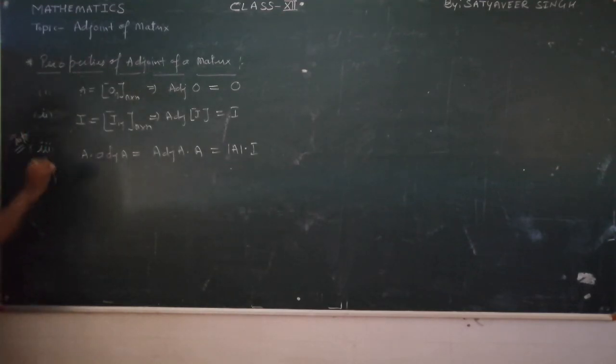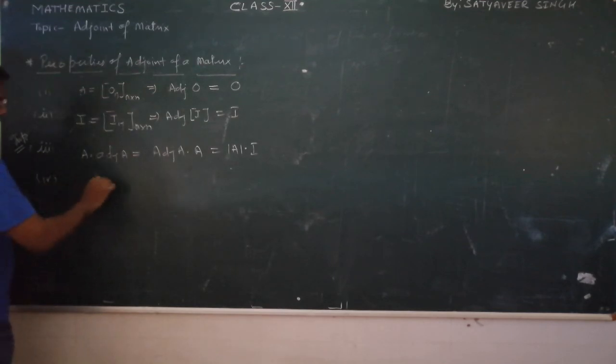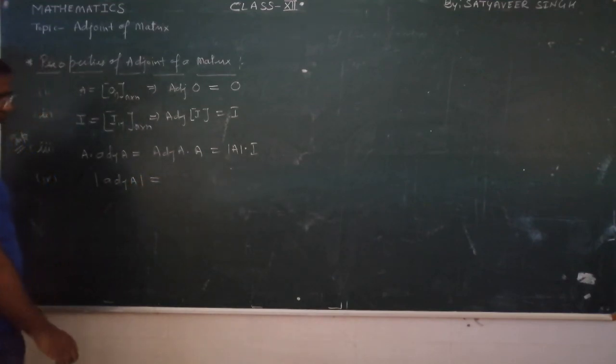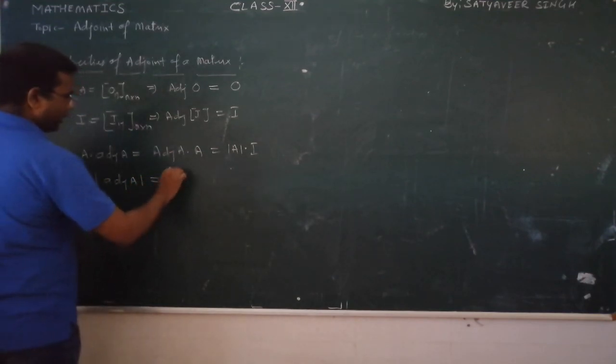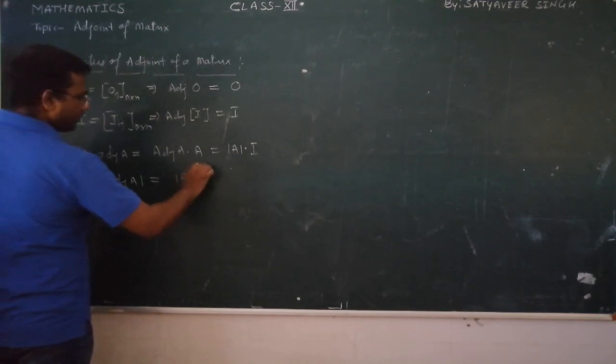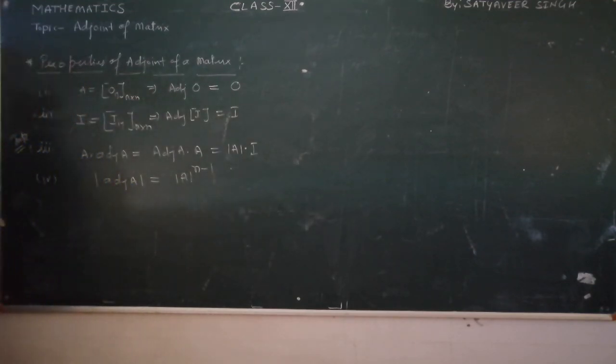Then see one more, like what is the determinant of adjoint A? If you want to find the determinant of adjoint A, this is determinant of A raised to n minus 1. This is also a very important result. Many times I have seen questions based on this in the board exams.